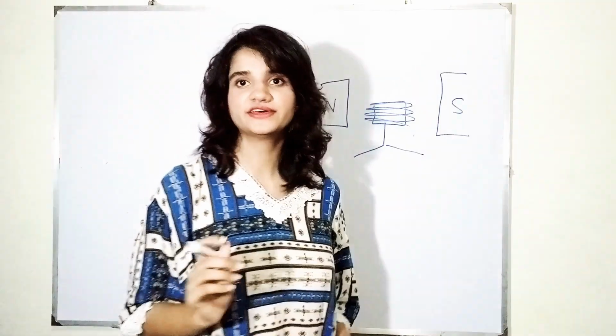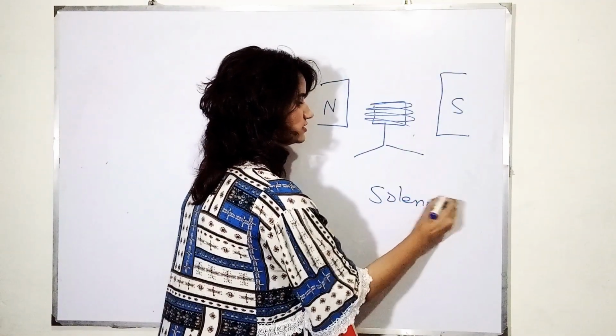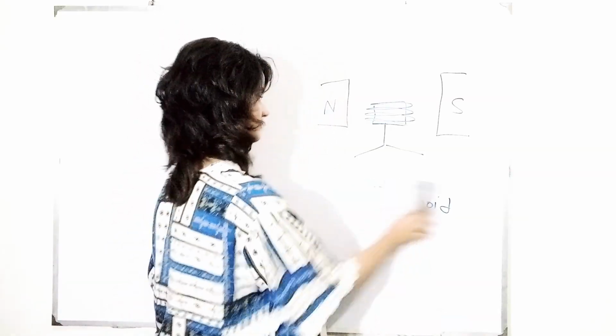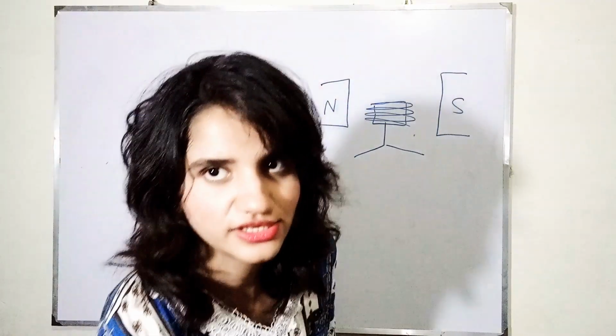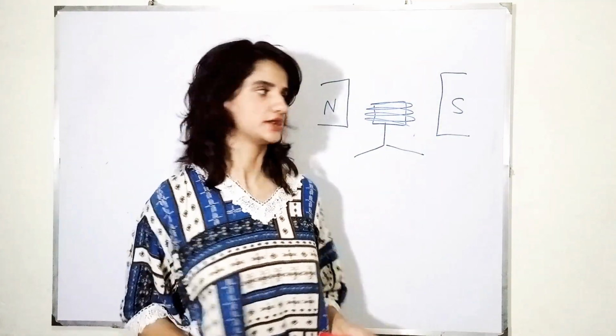The name of that wire is solenoid. S-O-L-E-N-O-I-D. You cannot see that directly because I am opening the front camera, so you can get the spelling from the book, that it's the wire of the solenoid.